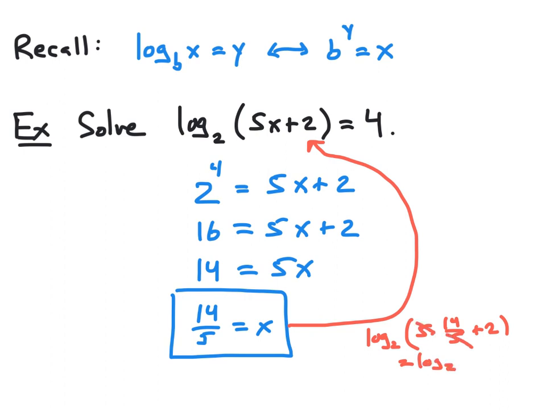When the 5's cancel, we have 14 plus 2, or 16, which of course has a log equal to 4. But in this case, what's really important is that the number inside the log, 16, is a positive number. And since it's positive, this logarithm is defined, and 14/5 is in fact a solution to this equation.